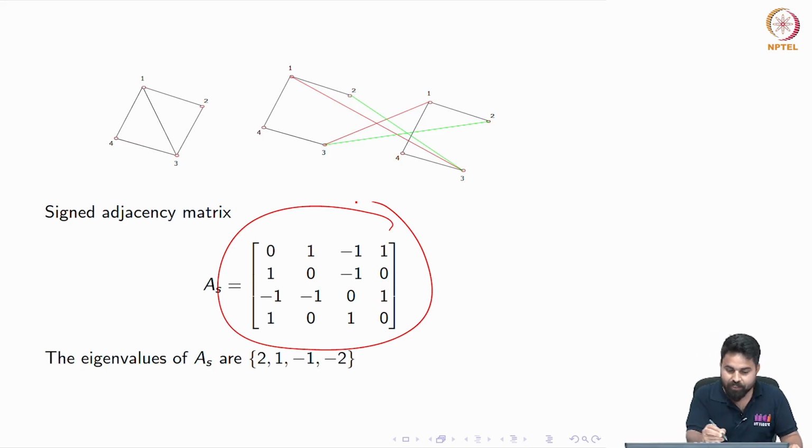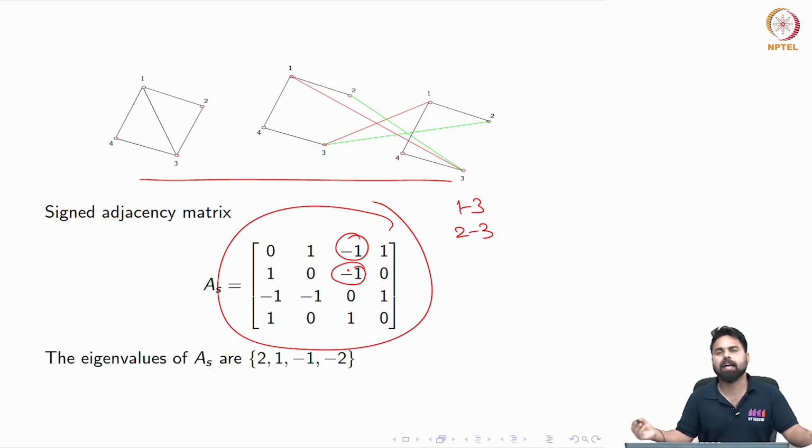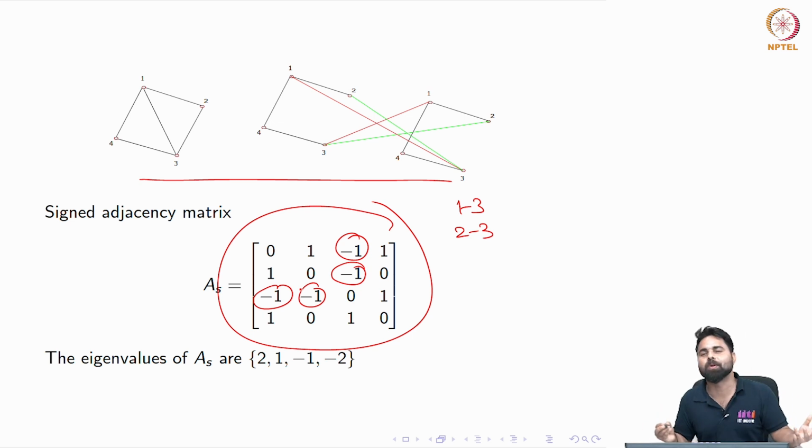For example, the crossing for this graph happened at edges 1 3 and 2 3, so at those places you put -1. This matrix is also symmetric. The only difference is that whenever there is a crossing, instead of 1 you put -1.